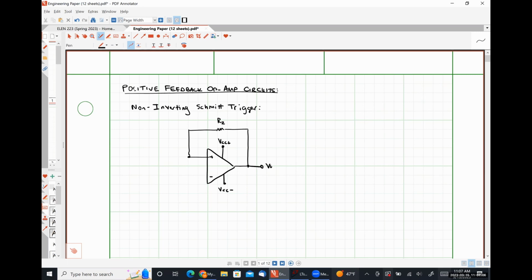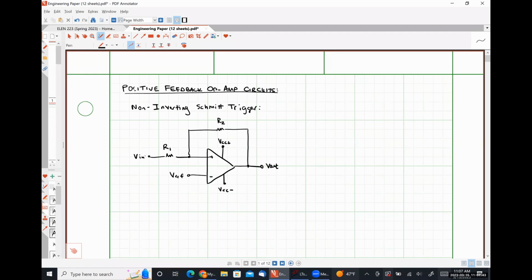Here is our output node, Vout. We apply our reference voltage to the inverting input pin. And then we have some resistance, which I'm going to call R1, here between our input signal and our inverting input pin. Okay. So this is what we have in our schematic diagram.